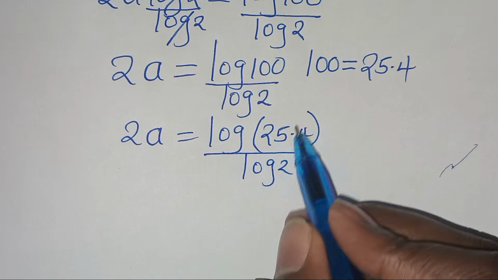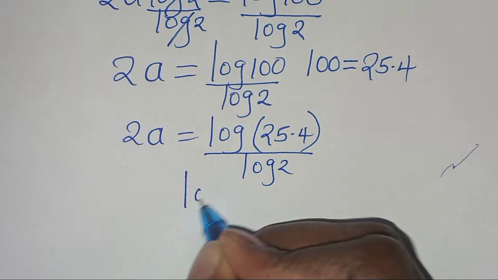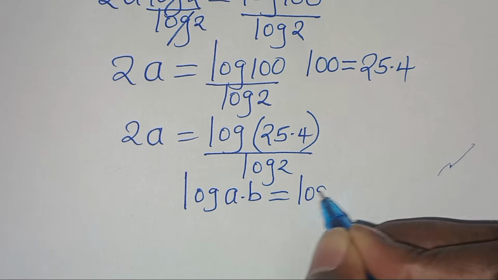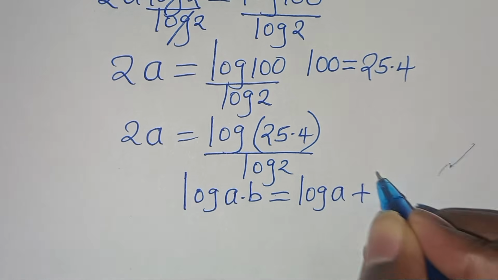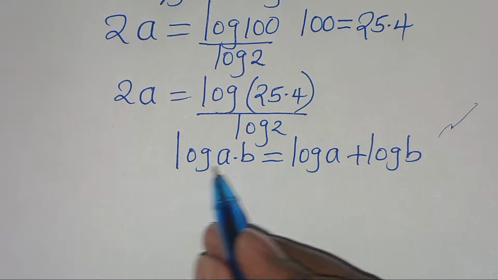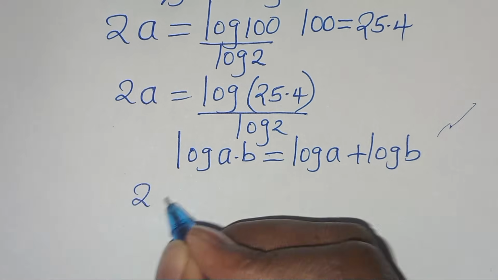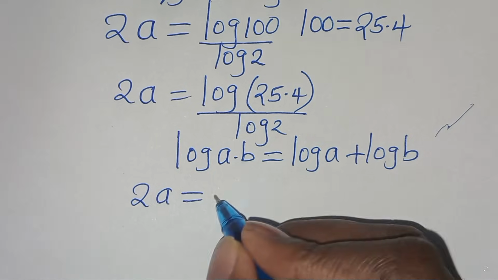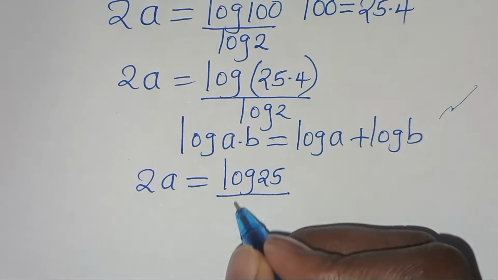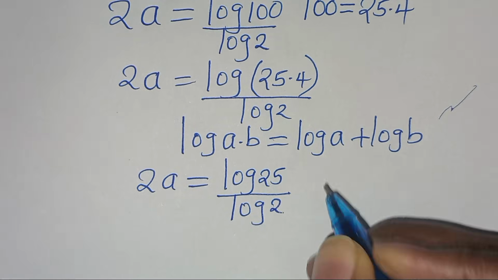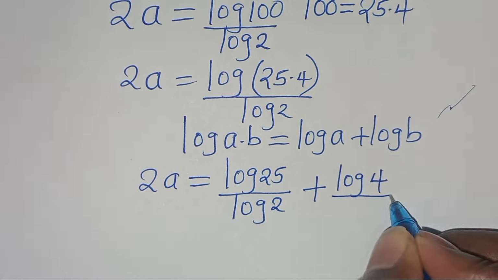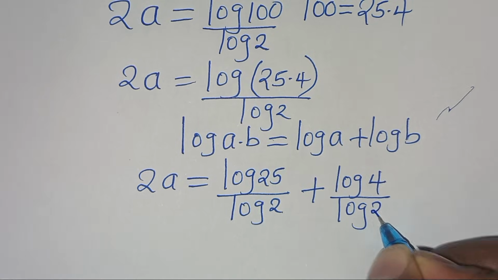And you find that log 25 times 4 is in the form of log a times b, which we can express as log a plus log b. Applying this logarithm property, we have 2a is equal to log 25 divided by log 2, then plus log 4 divided by log 2.